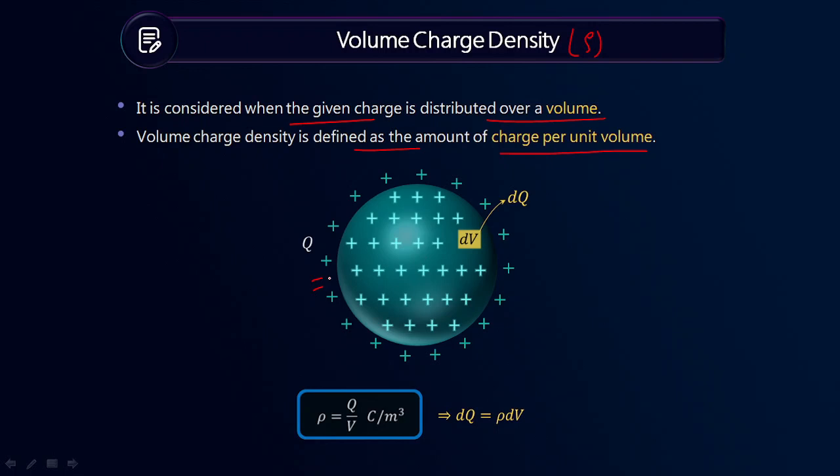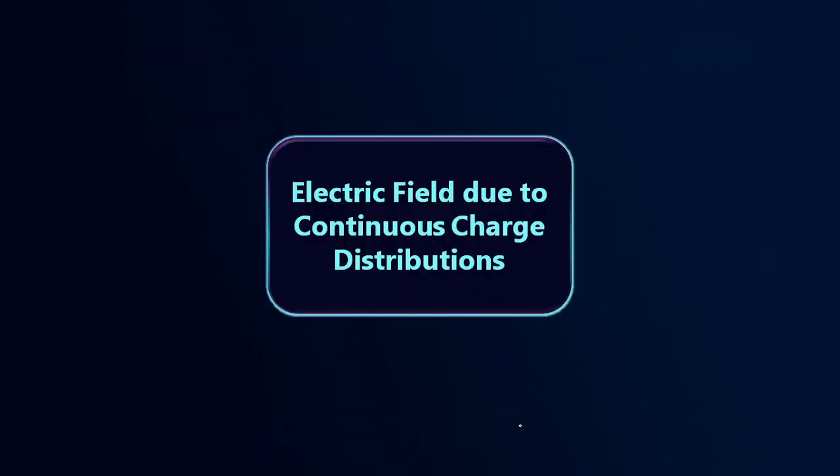Like suppose one football, a solid football we can consider, or in simple words we can say that it is throughout the volume. So in this case, charge per unit volume is total charge divided by volume. So for a small element, it will be rho times dV. Simple.